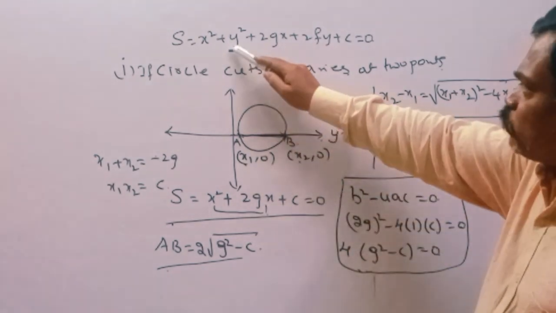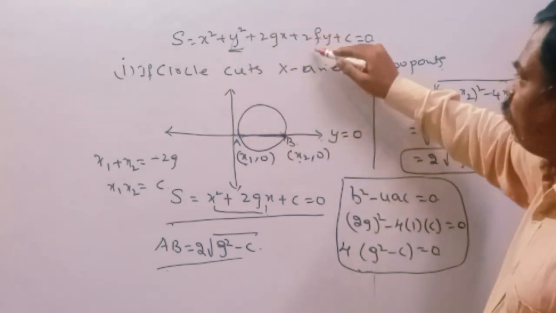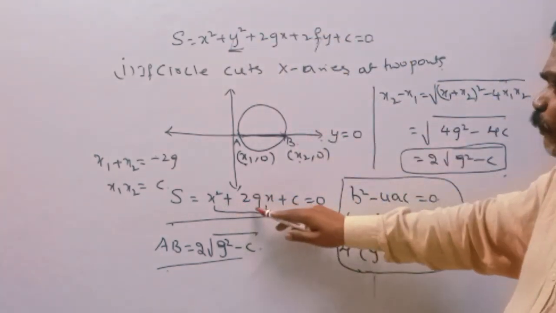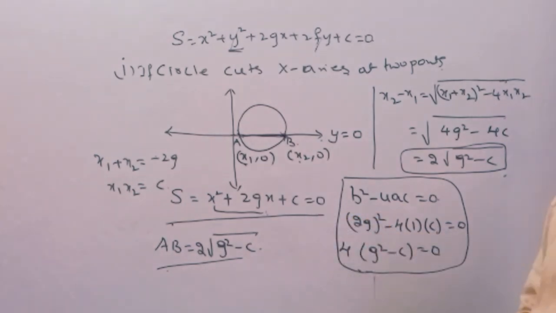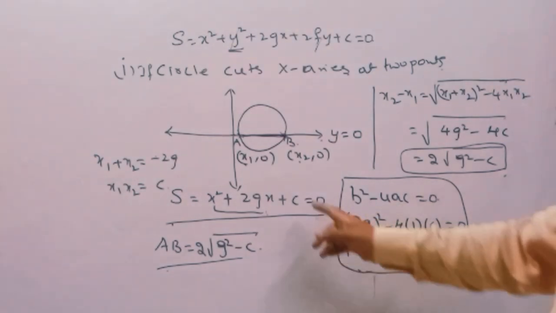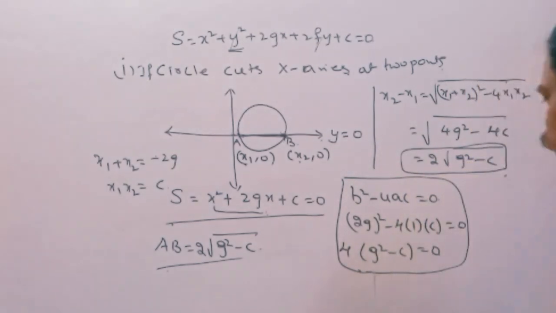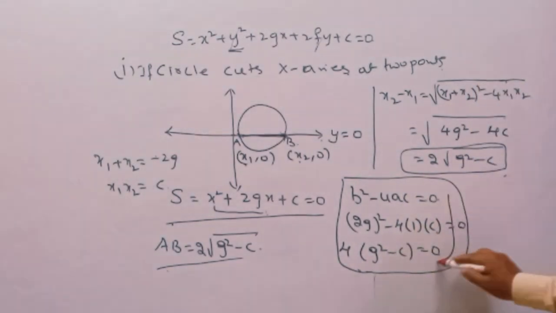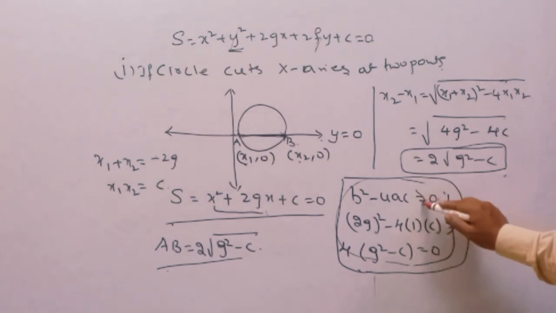Then you substitute y is equal to 0 here, and we get x square plus 2gx plus c equal to 0. So this represents two real roots x1, x2. Then b square minus 4ac is greater than 0.